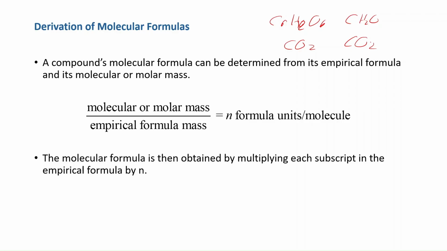And it's up to you to determine that number. So if you divide the molecular mass by the mass of the empirical formula that you just calculated, that tells you how many empirical formulas you have in there. In this particular case, there are 6 empirical formulas. So just multiply any subscript times 6.